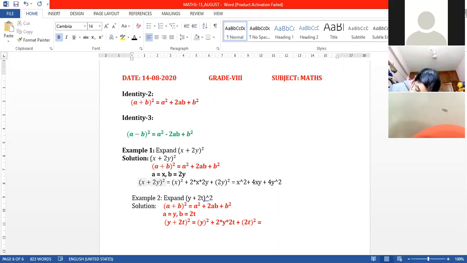Now y whole square means y square plus 2y into 2t. 2 into 2, 4, 4yt. Plus now 2t whole square, 4t square. This is the answer.